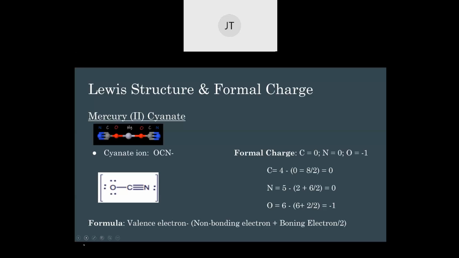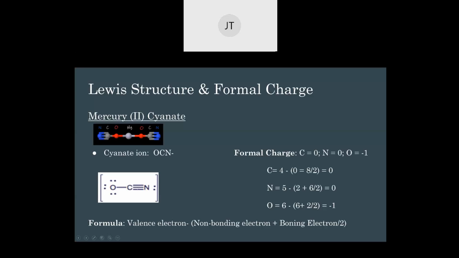Here we calculated the formal charge using the formula written here: valence electrons minus non-bonding electrons plus bonding electrons over 2. For the carbon atom, we know from the periodic table that it has 4 valence electrons, minus 0 non-bonding electrons, as we can see in the picture, and it has 4 pairs of bonding electrons, which is 8, because you can see 1, 2, 3, and 4 by 2, multiplied by 2, it's 8, and over 2, it gives us 0.